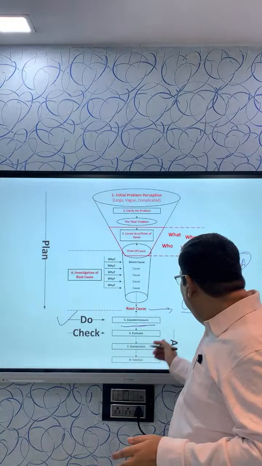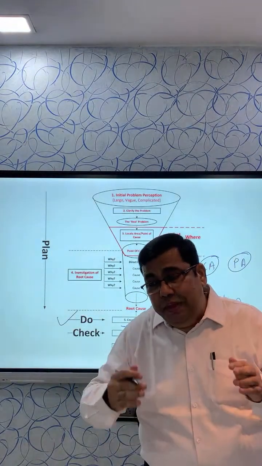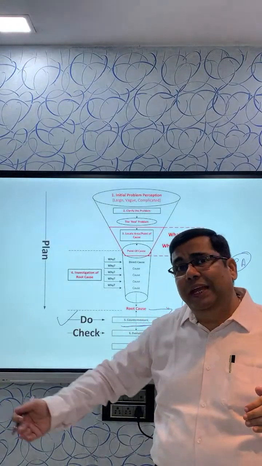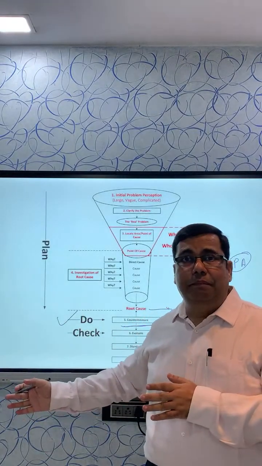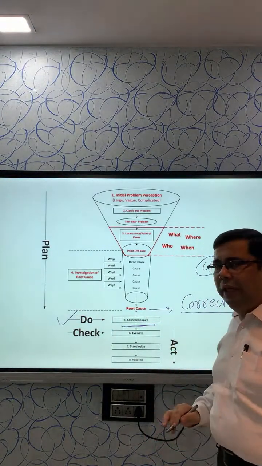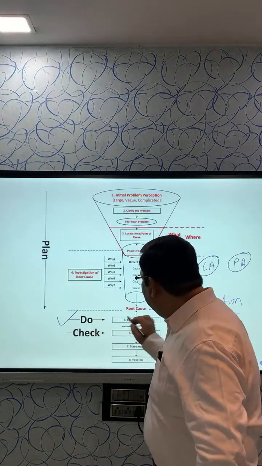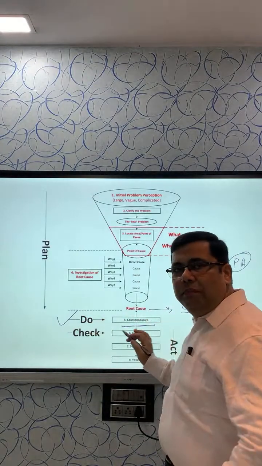So you have to have immediate correction, immediate countermeasure, so that the next product which is packed should be defect free. That is the reason the countermeasure or correction is a very important thing, and you have to act on that immediately. So this is called a countermeasure.